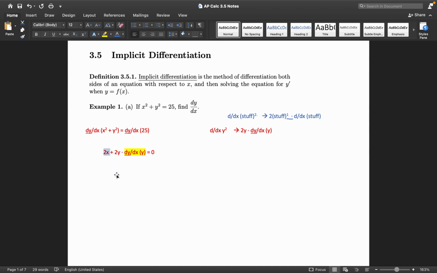If I subtract 2x to this side, what do we get? We get 2y times the derivative of y equals negative 2x.